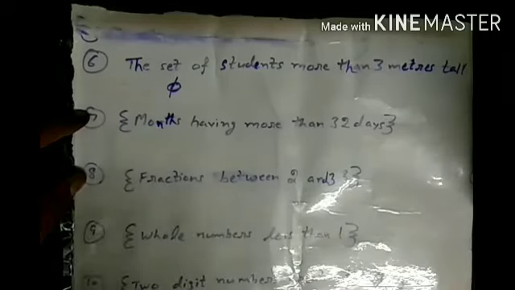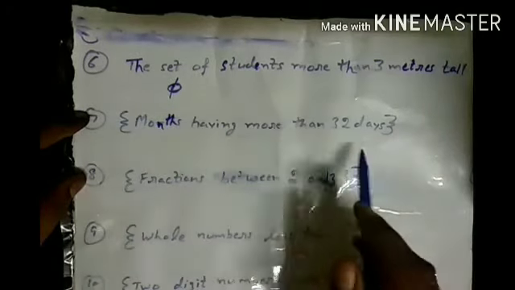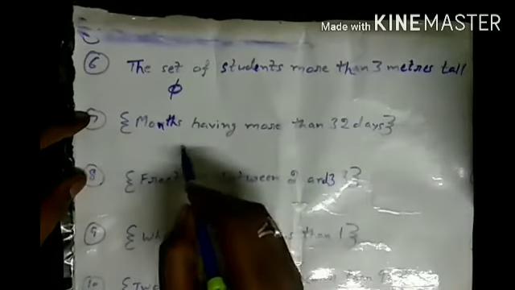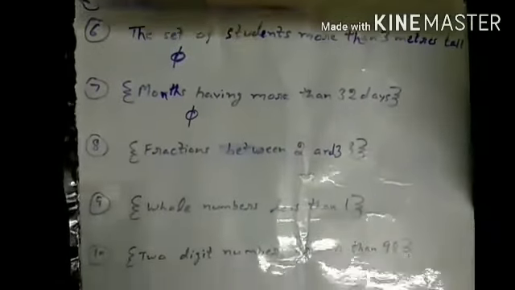Month having more than 32 days. Every month as per the calendar has a maximum of 31 days. So there exists no month which has more than 32 days. Therefore there is no element. Therefore it is an empty set. This is the symbol for the empty set or null set.